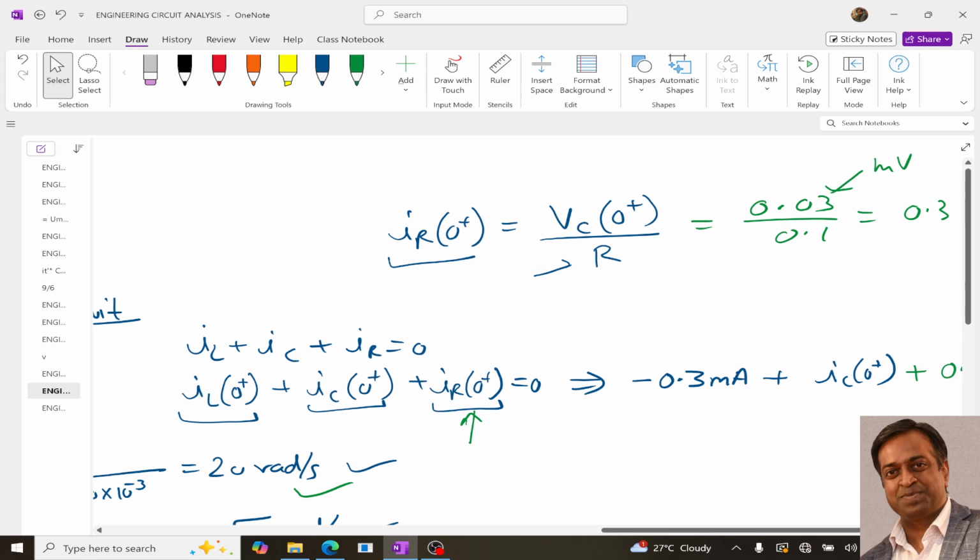IL 0 minus is minus IR, it is VC, so it is the same as 0 plus.